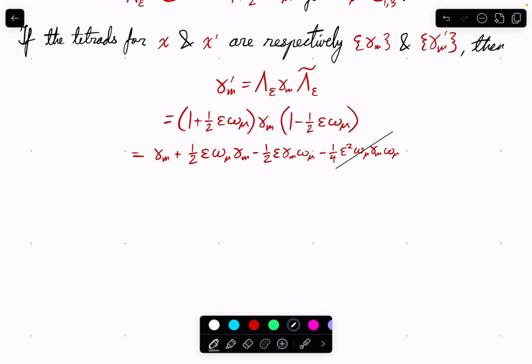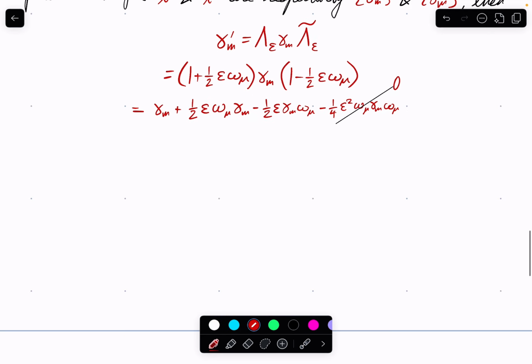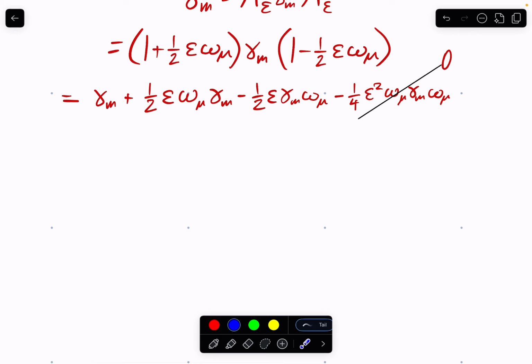Now this last term goes to 0 because epsilon squared is an infinitely small value times itself, so it's practically 0. Now we have this factor of 1/2, and objects swapping order with a minus sign. So this is the definition of a commutator bracket. We have gamma m plus epsilon, and then the commutator of omega mu and gamma m.